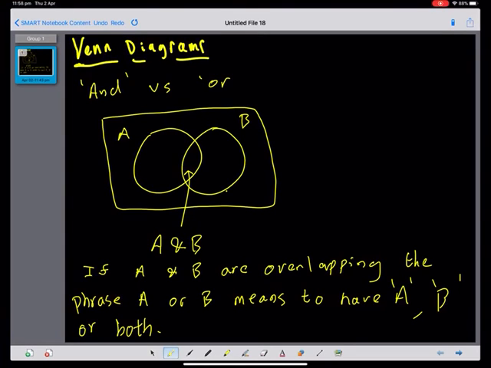So that's really important. So A or B can mean to have A, B, or both. Okay, so we say this is inclusive. Both A and B can happen at the same time.